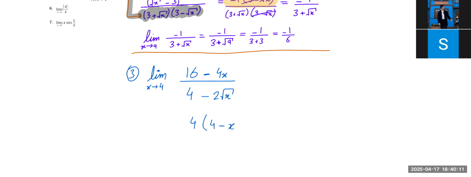And I was able to simplify the denominator by doing 2 outside, 2 minus root x, square root of x.